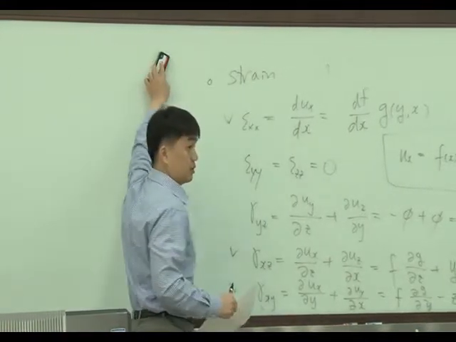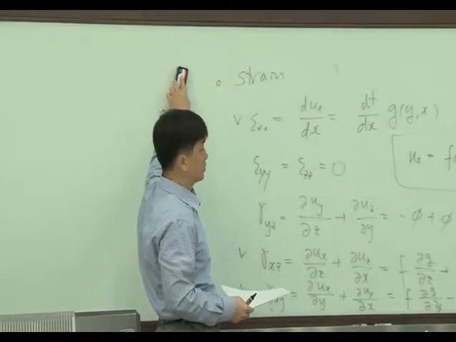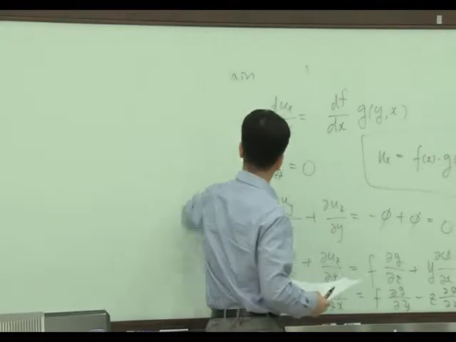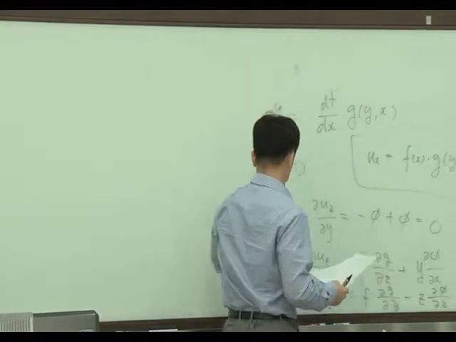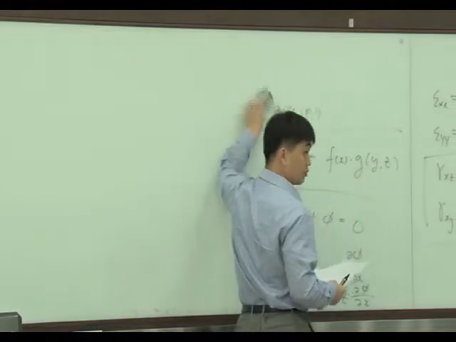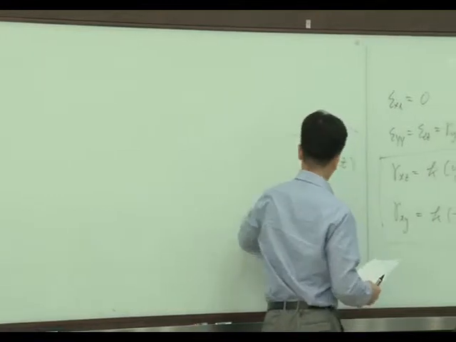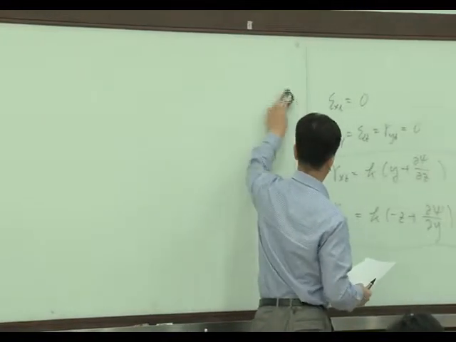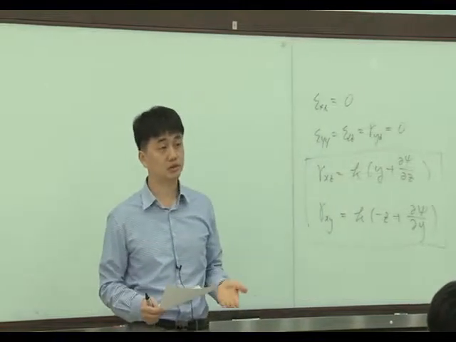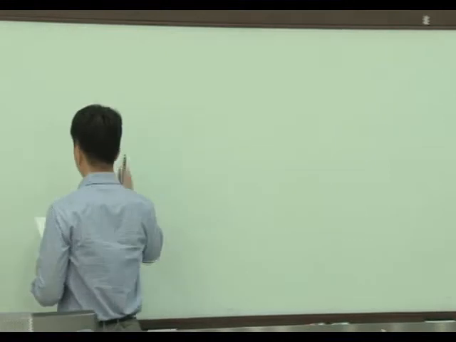Do you remember the displacement method? We are using the typical displacement method. First, we found the displacement field for the twisting case, and then we calculate the strain. Then what's the next step? We need to find stress, right? Let's calculate stress.